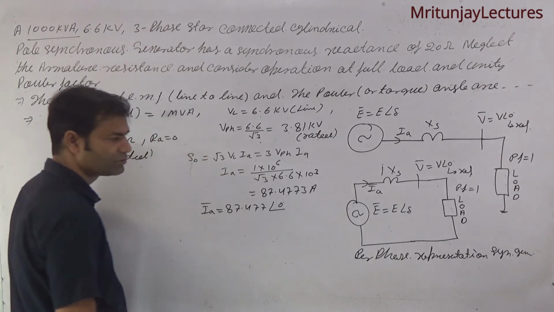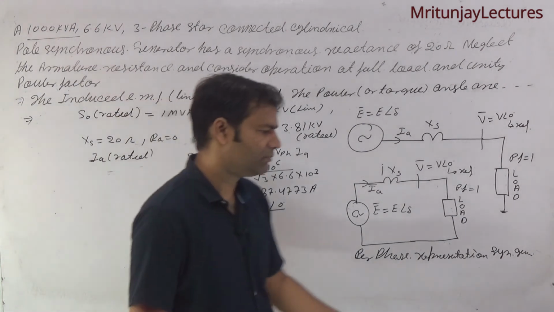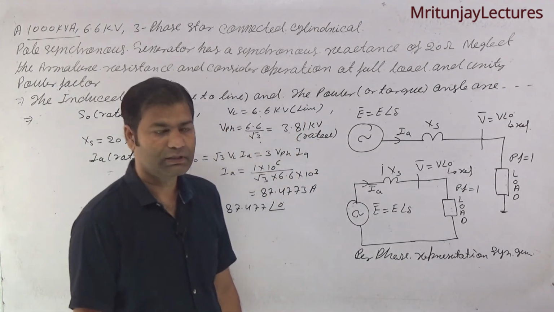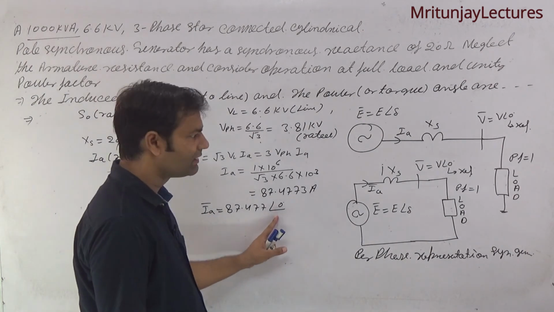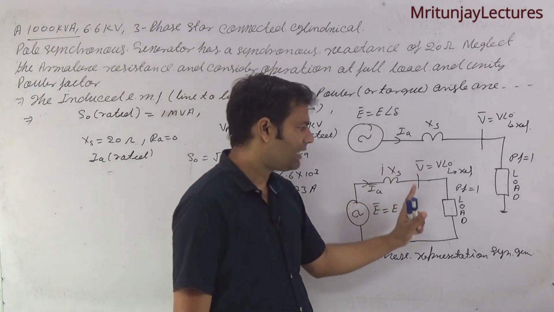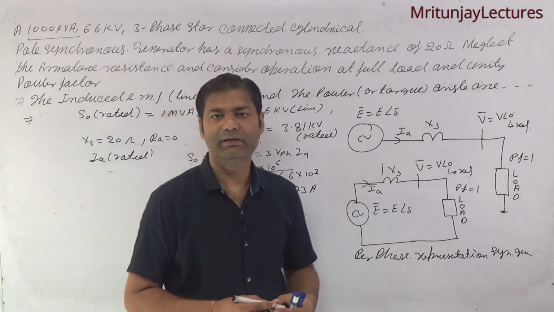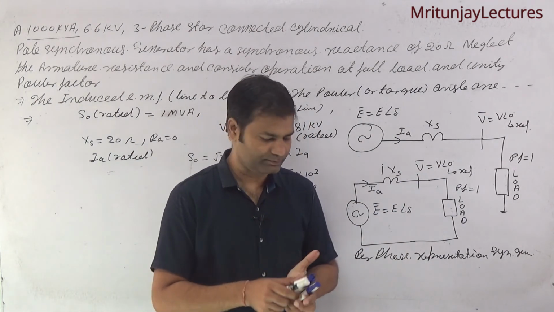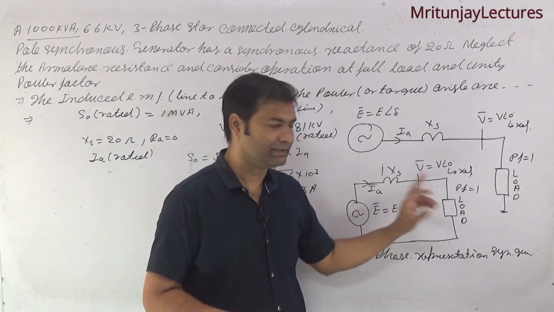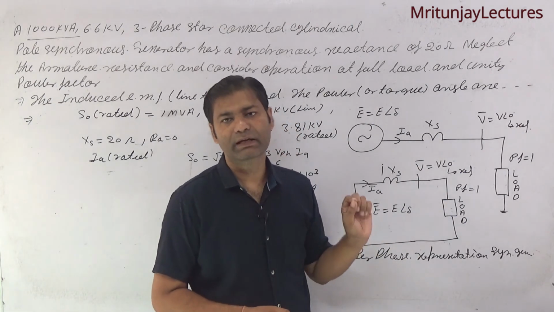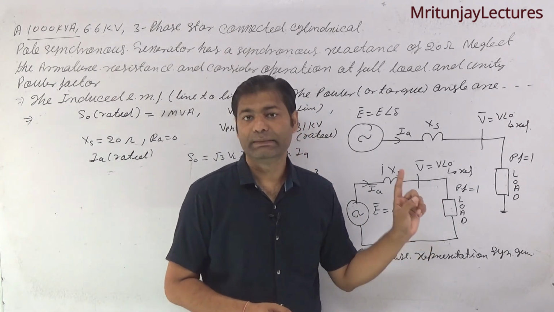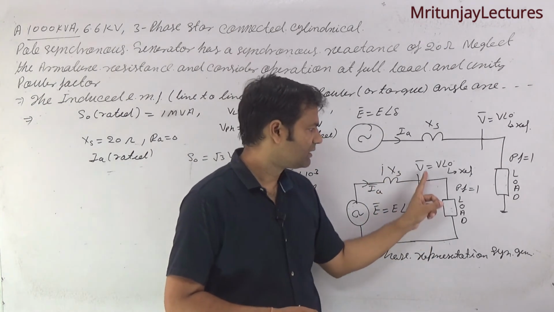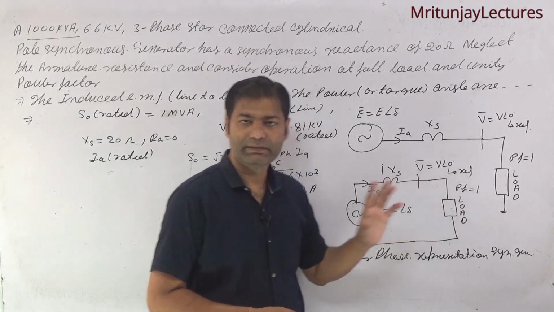Why is IA written at the angle 0? Because power factor angle means the angle between V and IA. If V is at the angle 0, and according to the question the power factor is unity, the angle between V and I is 0.